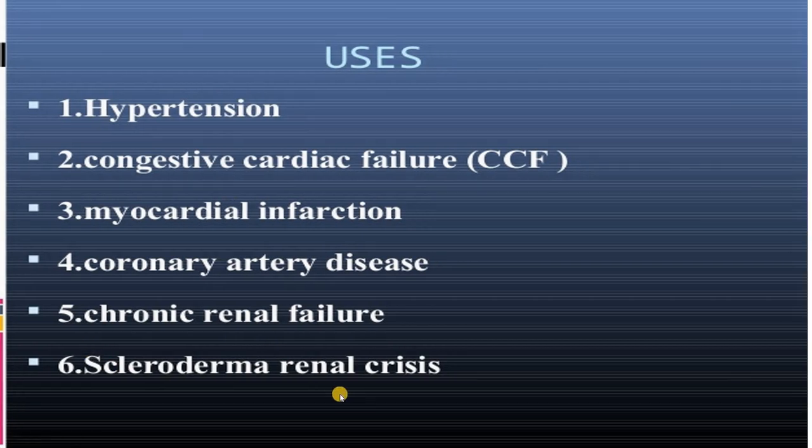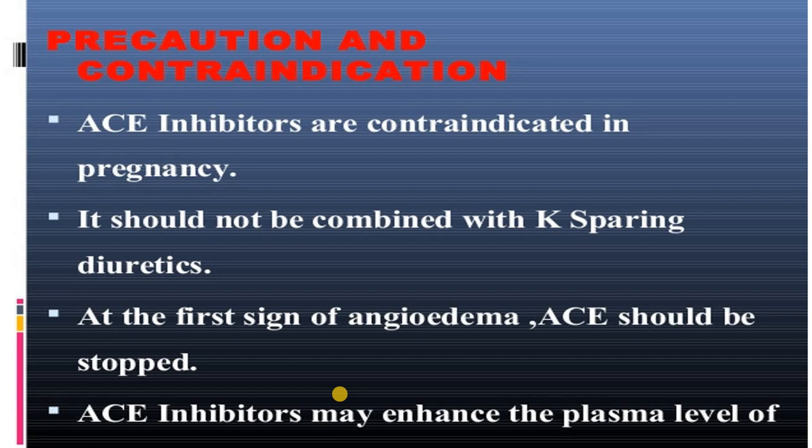This is renal crisis. Whenever the patient has renal crisis, we should also give these drugs. Next one is precautions and contraindications. When we take precautions, and when we should not give these drugs to patients. First, ACE inhibitors are contraindicated in pregnancy.